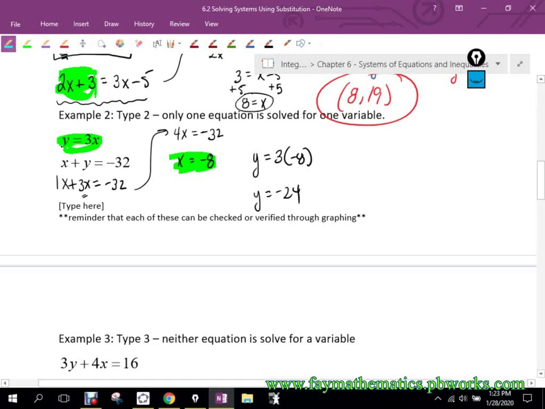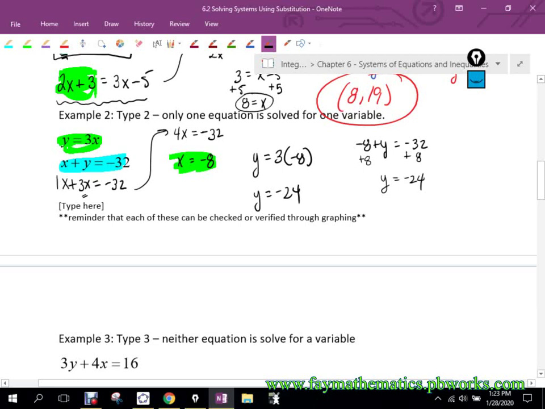Or, if I plug it back into this one, it's going to be x, which was negative 8, plus y equals negative 32. What do I have to do to solve for y here? Can I add 8? Add 8. What's negative 32 plus 8?